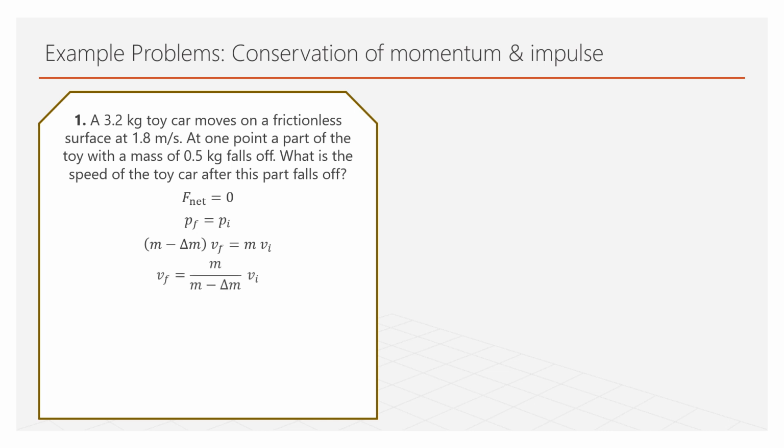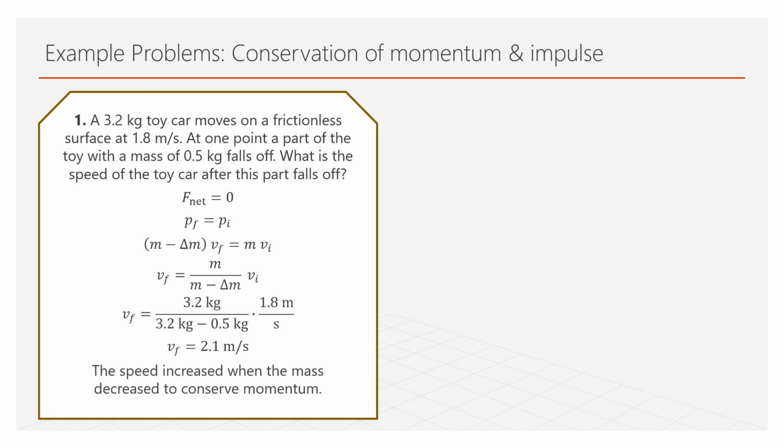We can take that equation and solve for the speed after the part breaks off, and then plug in the values. After performing the arithmetic, we get that the speed after the part breaks off is 2.1 meters per second. You can see that the speed had to increase when the mass decreased in order to conserve momentum.